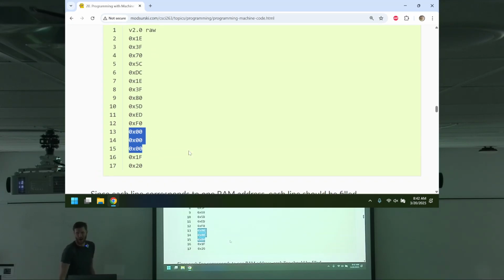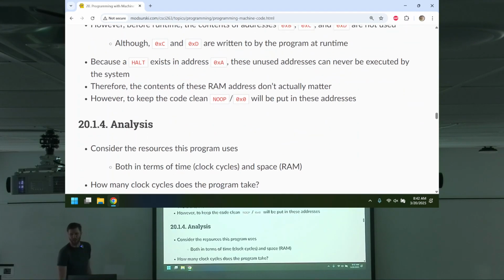Each line in this file goes into RAM, so we should put something in there. I'm pretty sure with Digital, if we left these blank, it would have put zeros in there. So put the zeros in there. These lines are not used until runtime. Maybe they're used at runtime, which we know they are. C and D are written to by the program.